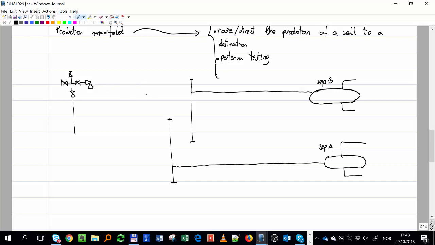Two flow lines: a line going here and a line going here. After I have the two lines, I need a control element, something that allows me to select either one or the other. That element is simply a valve, an on-off valve. Then these two are combined, and I have another very important element that I need, a check valve, a one-way valve.